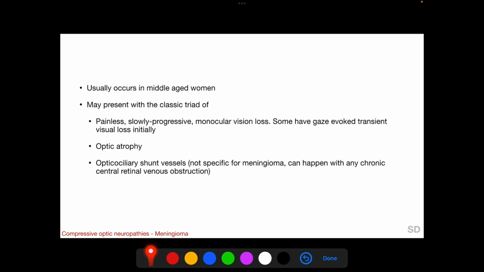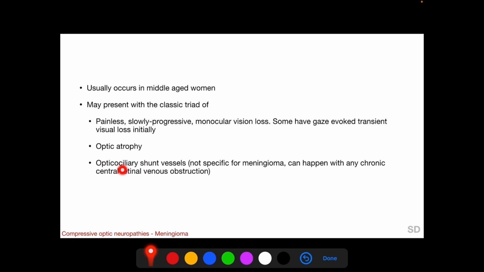Meningiomas usually occur in middle-aged women and may present with the classic triad of painless, slowly progressive monocular vision loss. Some patients have transient visual loss when they look towards one side, called gaze-evoked transient visual loss, because of compression of the nerve by the tumor in a particular direction of eye movement. They also have slowly developing optic atrophy, and they also have opticociliary shunt vessels.